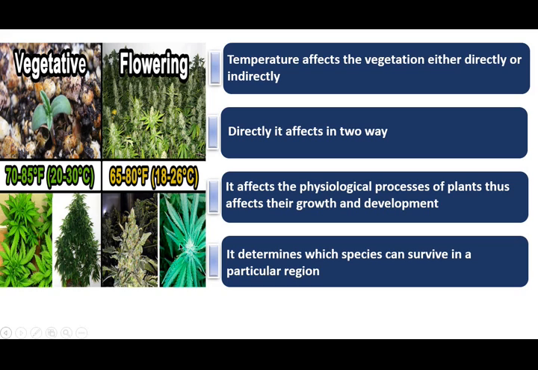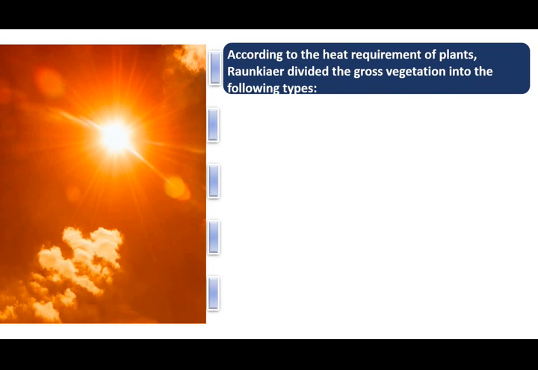This is one of the examples of how the temperature influences the physiological processes in plants. According to the heat requirement of the plants, Raunkiaer divided the gross vegetation into the following types.